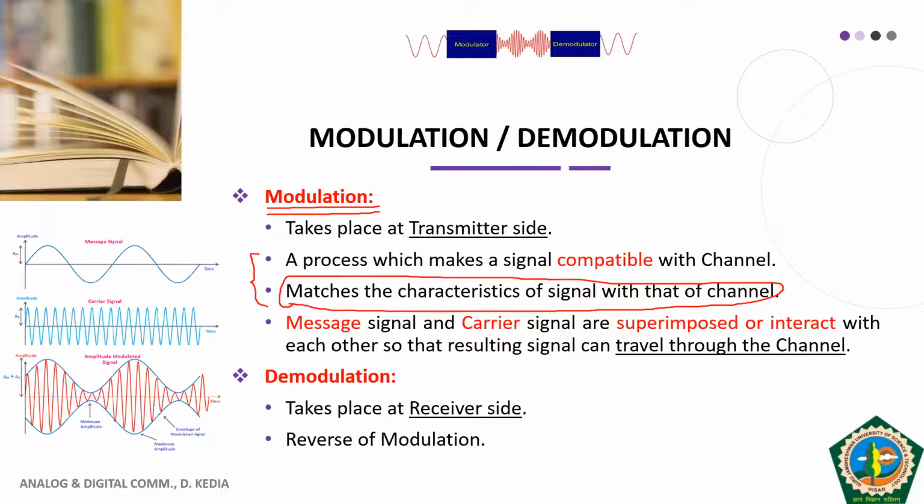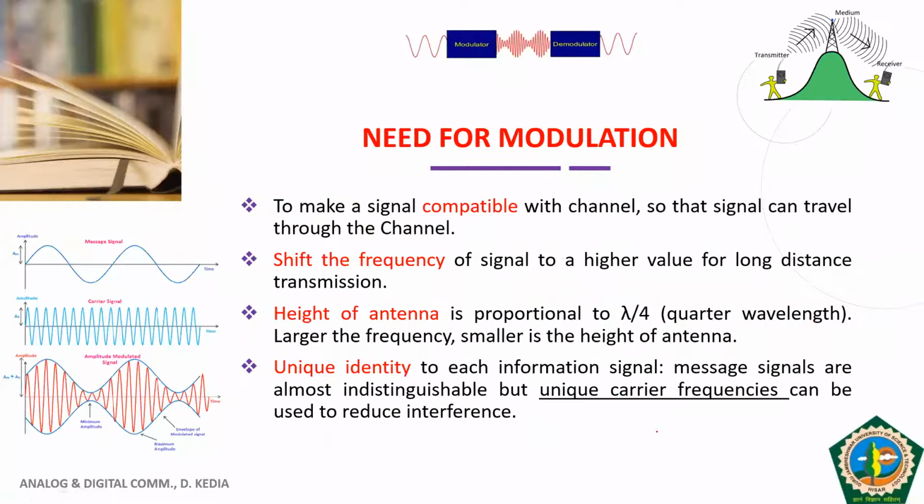Your signal after modulation and your channel, their characteristic must match. Okay, then demodulation, I have already told you, is on the receiver side, and it is the reverse of modulation. Next is need for modulation. Why do we need modulation? One point I have already talked about in the previous slide, and which is the first and foremost requirement, is that we need modulation to make our signal compatible with channel. For this purpose, we need modulation.